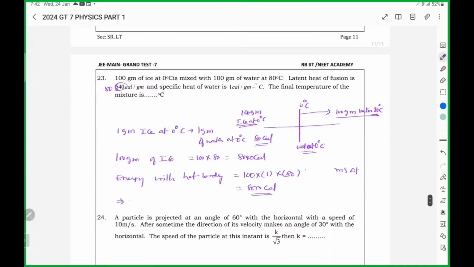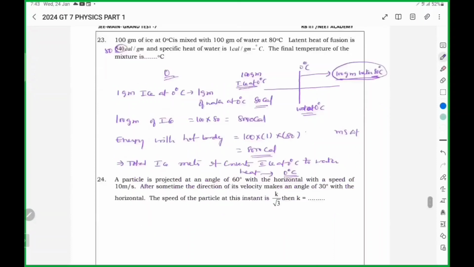So the total ice melts and converts ice at 0 to water at 0. And the hot body, water, loses heat and also comes to 0 degrees centigrade. The answer is 0.